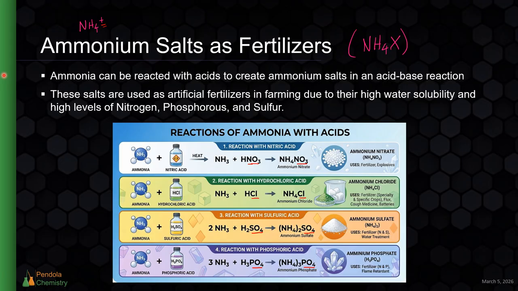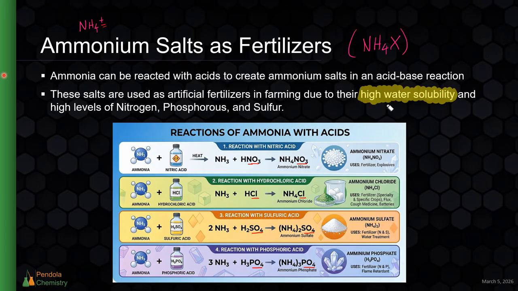Ammonium, the ion, is extremely soluble, so any salt of ammonium has a high water solubility. This is great for fertilizers because you want your fertilizer to dissolve in the water and to go into the plant. So high solubility, because the ammonium ion is very soluble, is a very big pro.